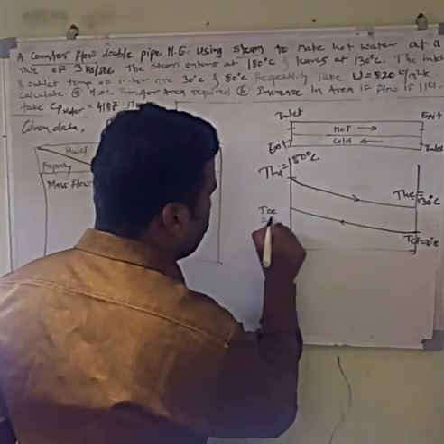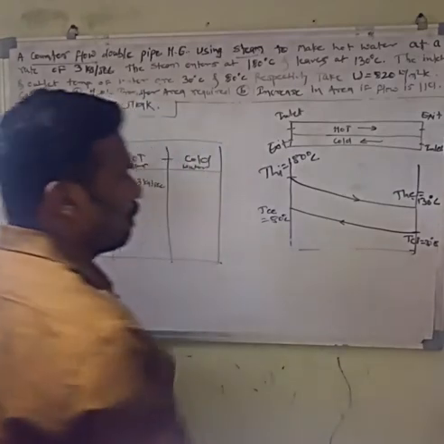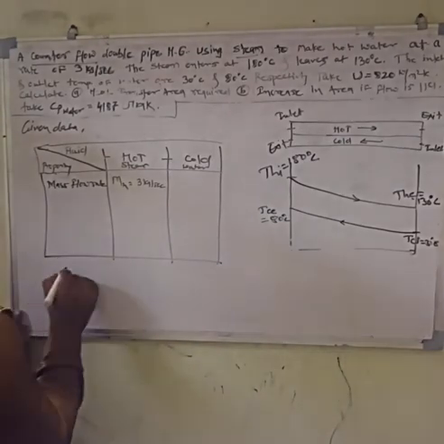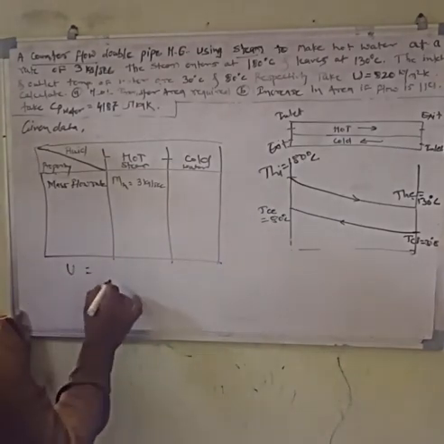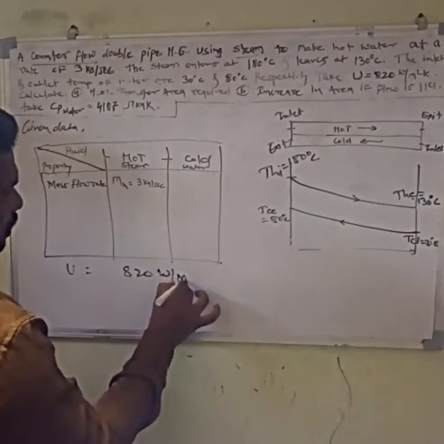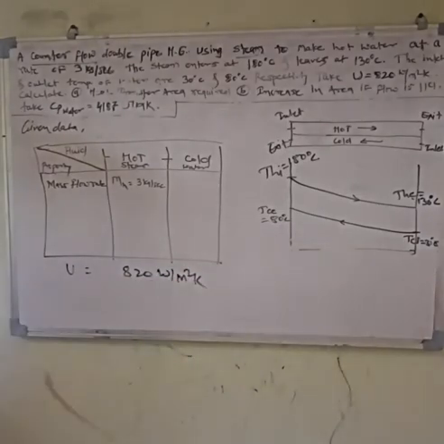Take U, the overall heat transfer coefficient, which is 820 watt per meter square Kelvin. Now we have to calculate the heat transfer area required.